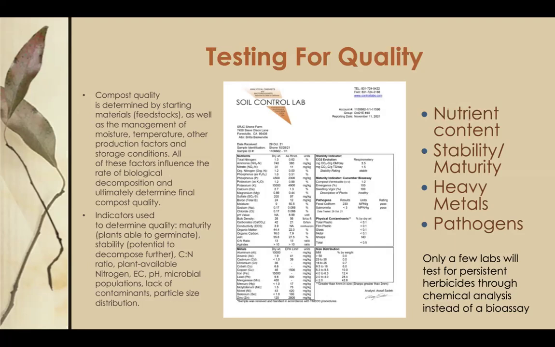I'm just making sure I've got everything here. Yeah, and like I had mentioned, all of these managerial factors as the compost is being produced are going to affect what kind of quality you have at the end.